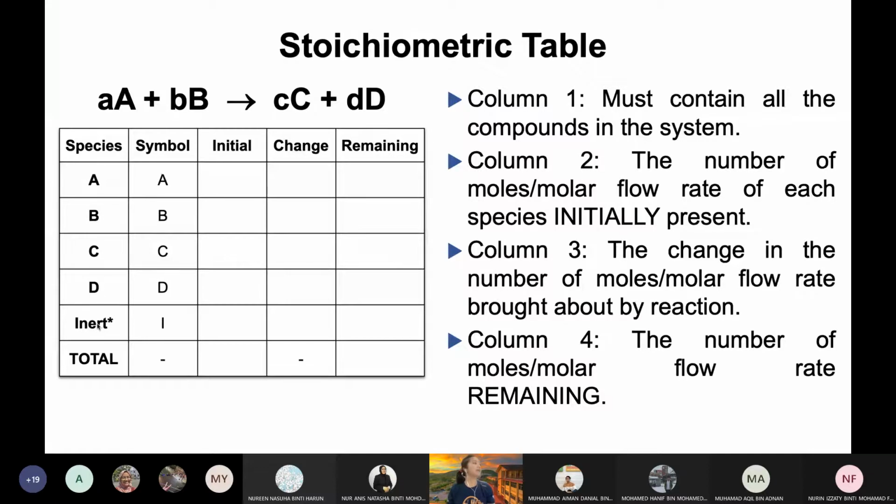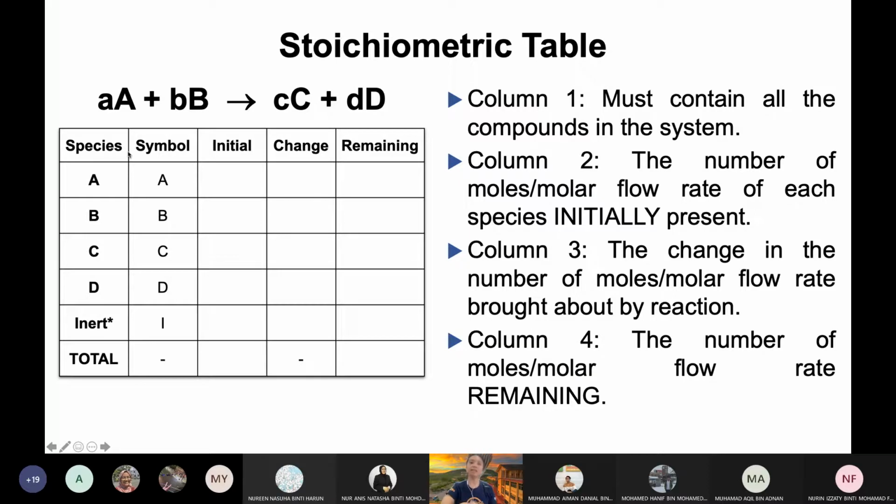Okay, then last, so kolom pertama, kolom spesies, setiap satu baris untuk satu compound, termasuk kalau ada inert, satu baris juga untuk inert. Dan row yang terakhir adalah total. Kan kita nak buat mass balance kan, mesti ada total in, total out kan. Sebab tu bawah tu ada total.